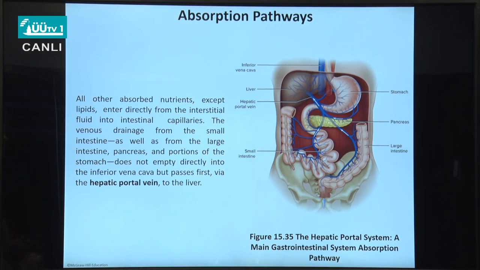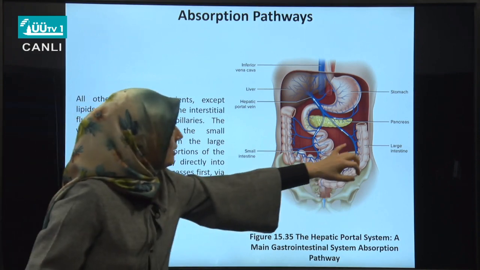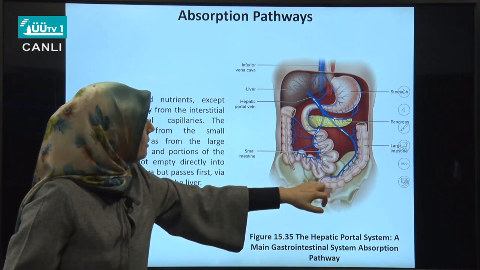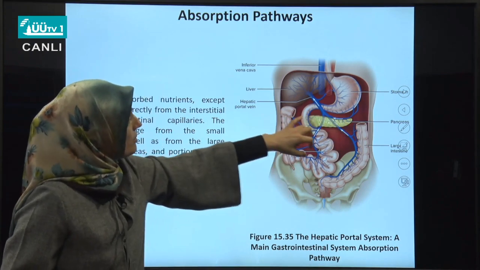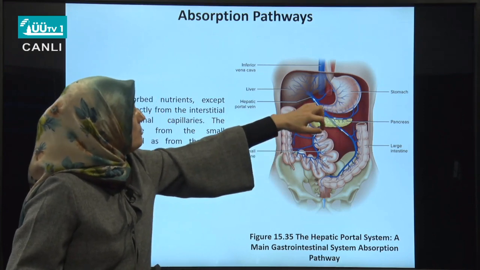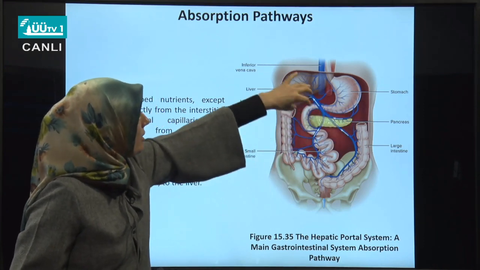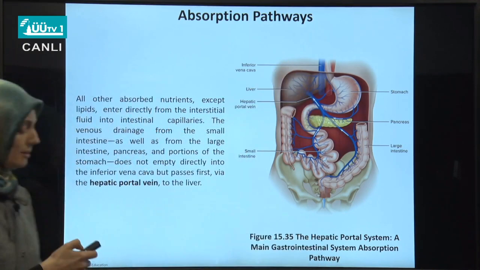The fat molecules enter the lymphatic system, and later on they enter the circulatory system. But the water-soluble molecules, which are absorbed in the small intestine, in the large intestine, and also some molecules such as the hormones from the pancreas or from the stomach, are carried to the liver by the hepatic portal system.